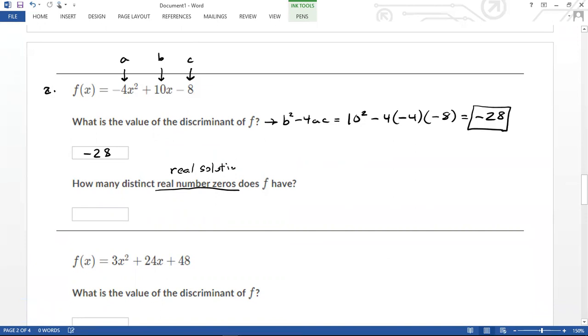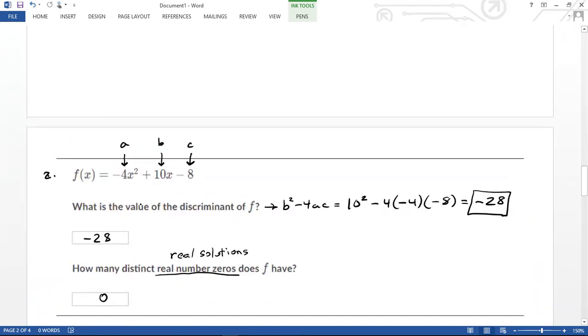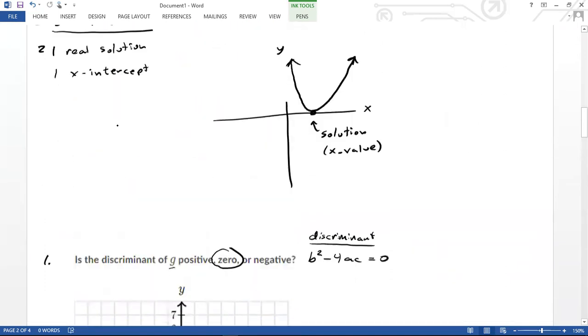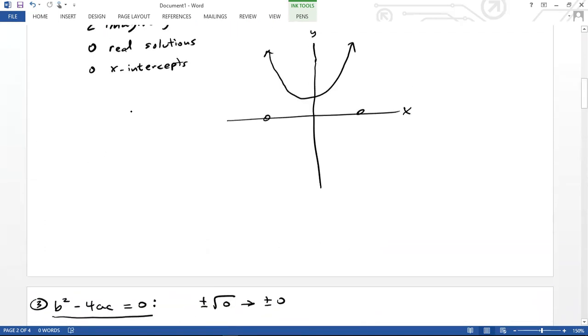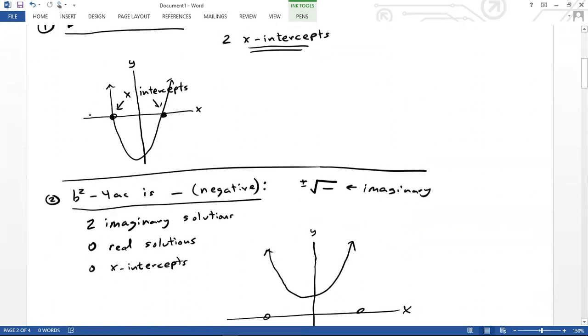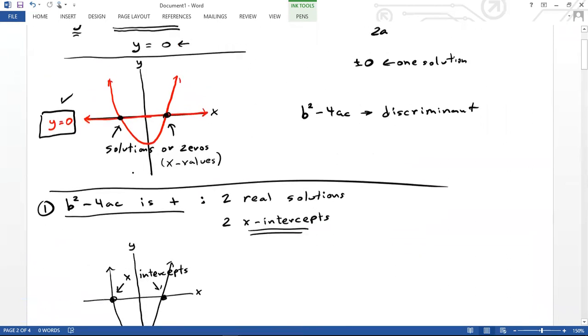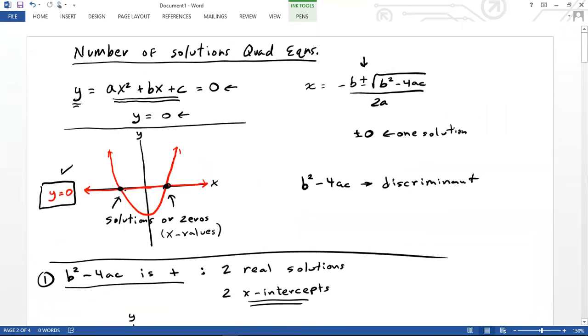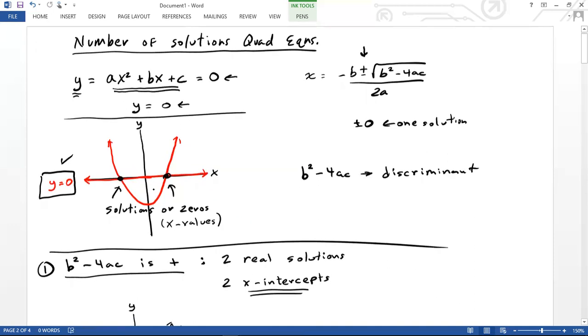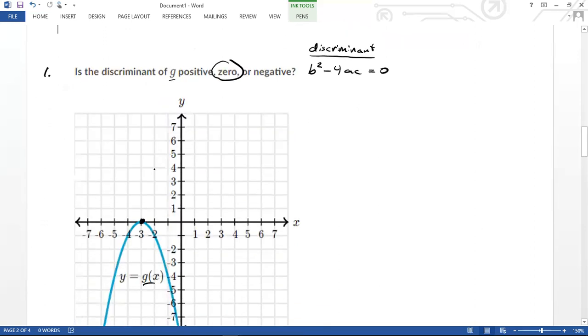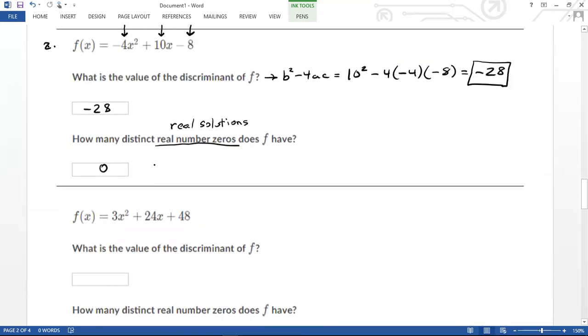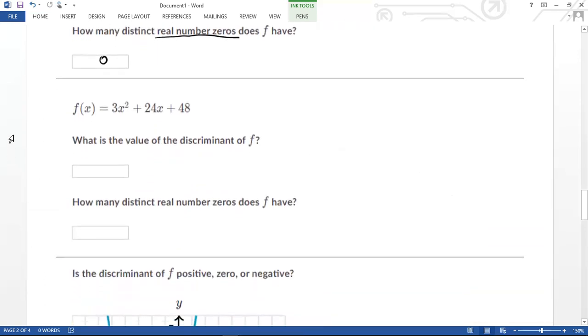The zeros or the solutions are the same thing. How many zeros are there? Well, there's none. There's 0, because when b squared minus 4ac is negative, there's 0 real solutions. Remember I said in the beginning, the points where it intercepts are called the solutions or the zeros. So it's really pretty easy for the most part.